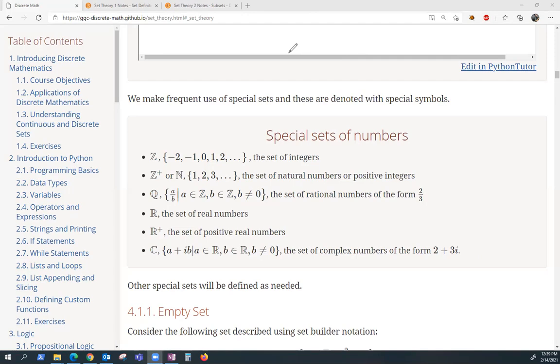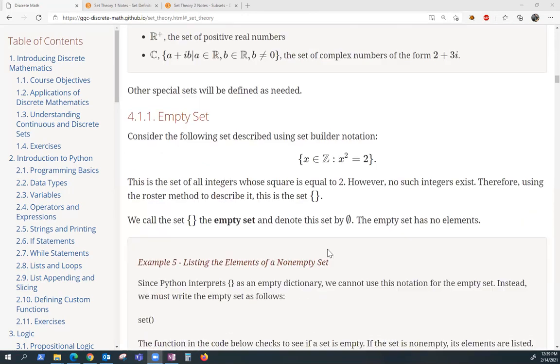Now, moving on. We'll need some other special sets, one of which is known as the empty set. The empty set ends up being very, very important for lots of reasons in mathematics, but it is the set that contains no elements. So for example, think about this right here. The set of all integers x such that x squared is equal to 2.